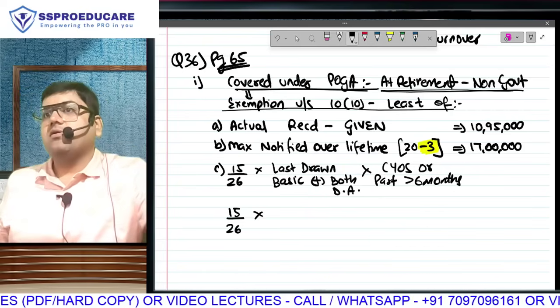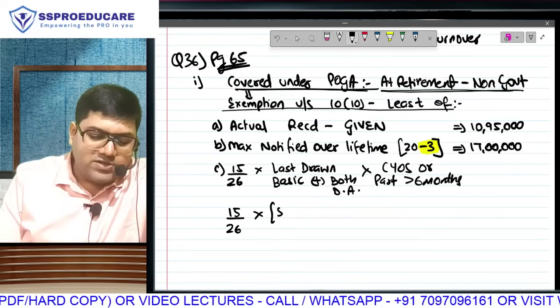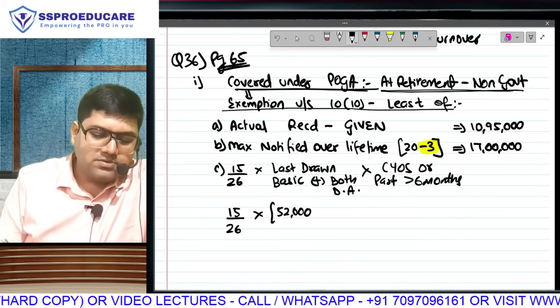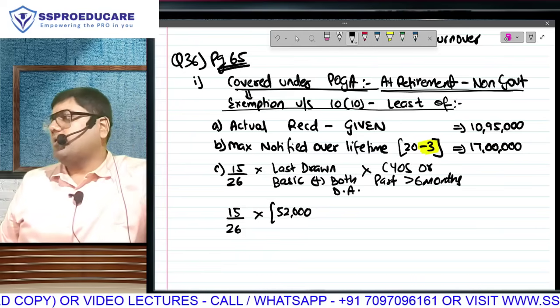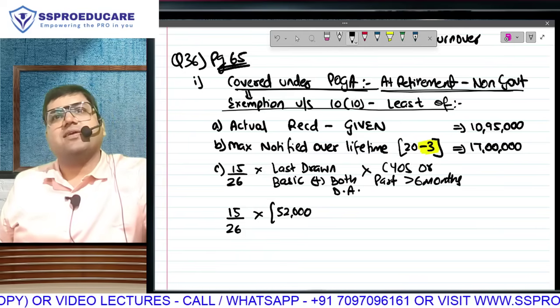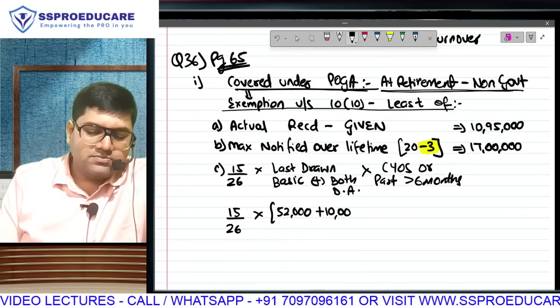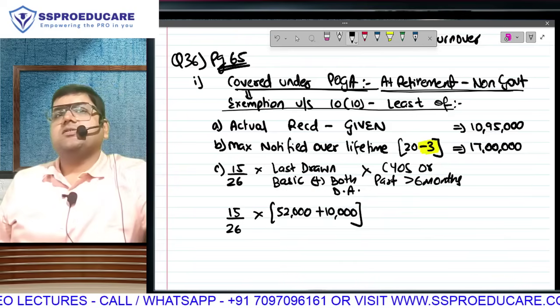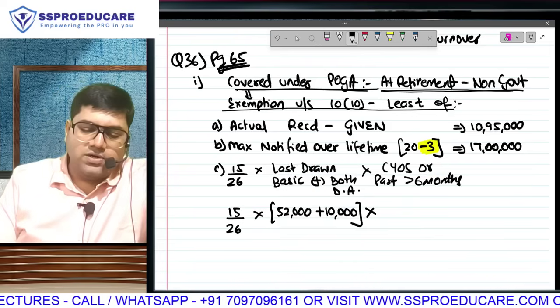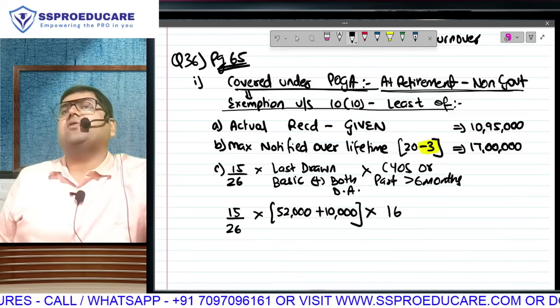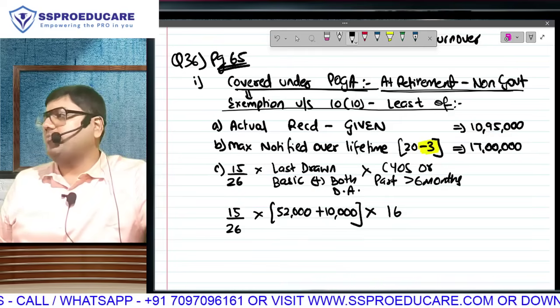At that time it was 52. And what was his DA in terms? Not there. And there was DA not in terms. Will we take this also? Because in POGA we have to take both. What is DA not in terms? That means effectively this is 62,000 and into number of years of service. This time we will have to take 16, no? Because in POGA calculation it is upper round of.